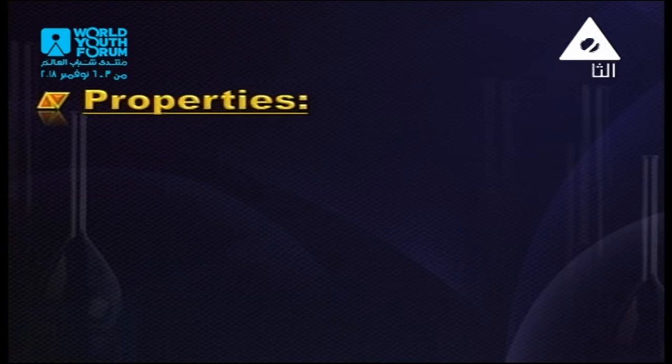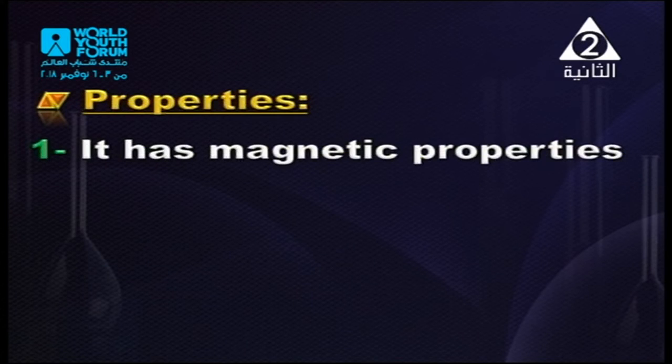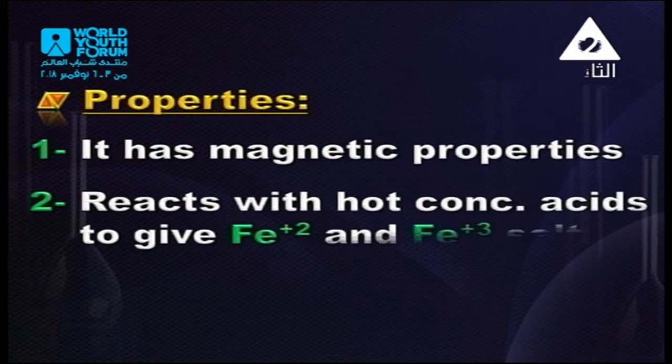Now we are going to discuss the properties of magnetic iron oxide. It has a magnetic property. It reacts with hot concentrated acid, giving iron 2 salt and iron 3 salt.